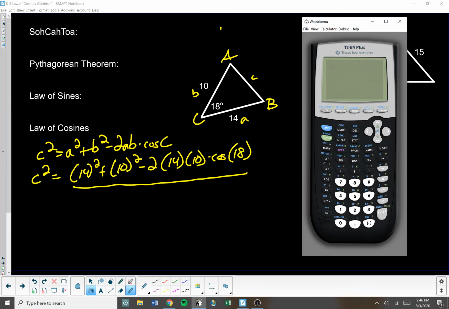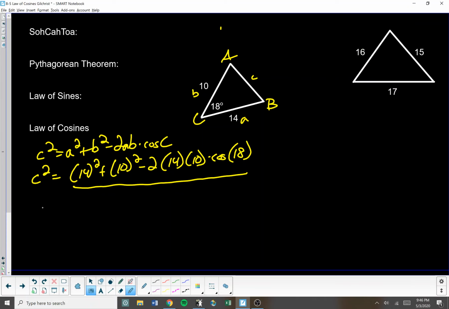And I'm going to have 14 squared plus 10 squared minus 2 times 10 times 14 times the cosine of 18. Type all that in, 29.7. That is not side C. That is C squared. C squared equals 29.7.